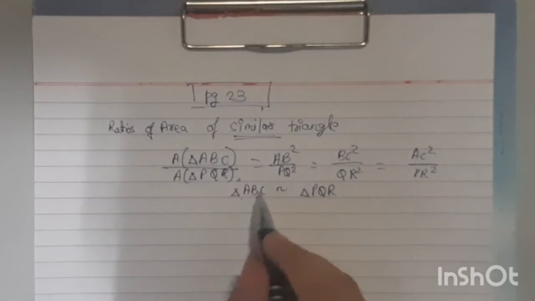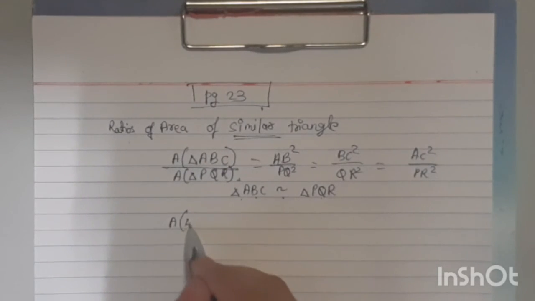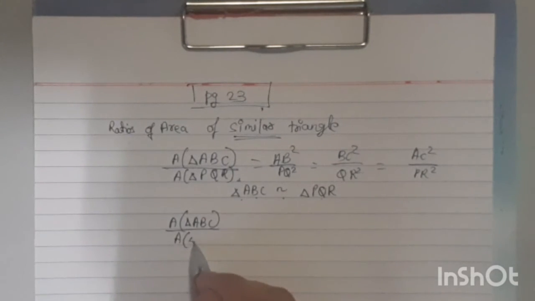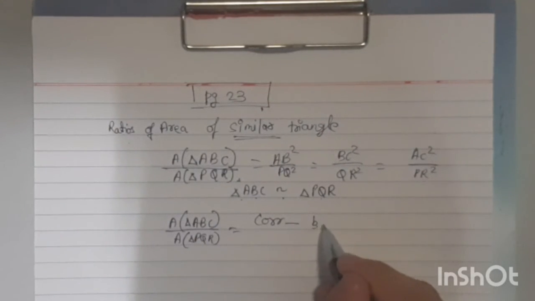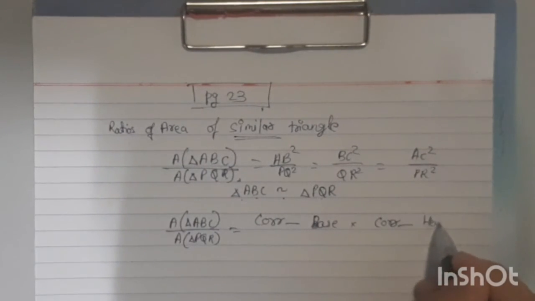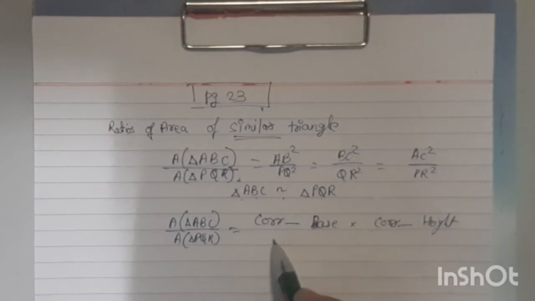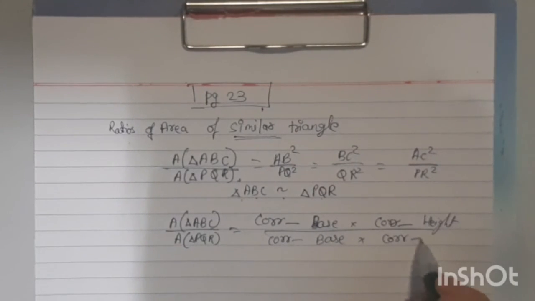If triangle ABC is not similar to triangle PQR, then you have to go by the method taught in the first video, that is corresponding base into corresponding height upon corresponding base into corresponding height.